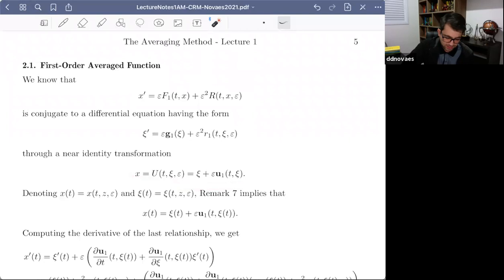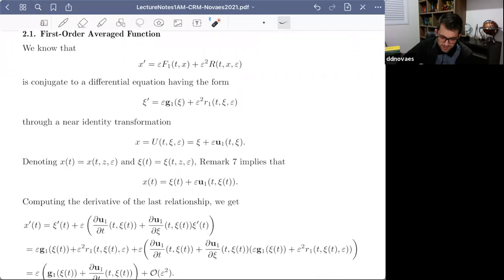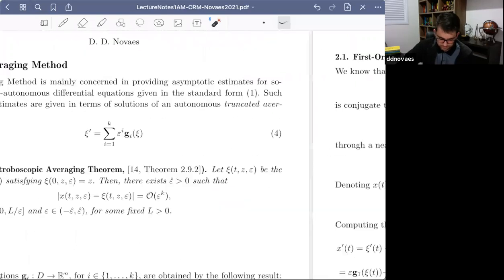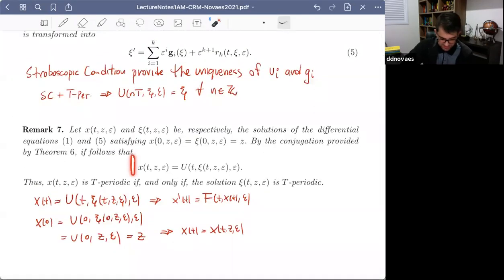Denoting x(t) the solution of the difference equation 1 and c(t) the solution of the difference equation 5, the previous remark implies that x(t) is equal to kc(t) plus epsilon u1(t, kc(t)). It's exactly what I'm saying here, but using now the expression for u.